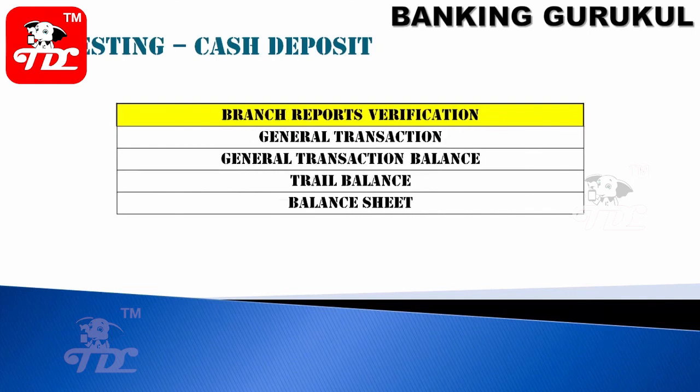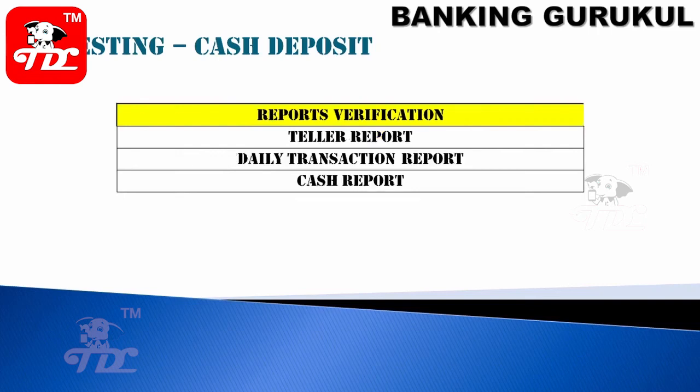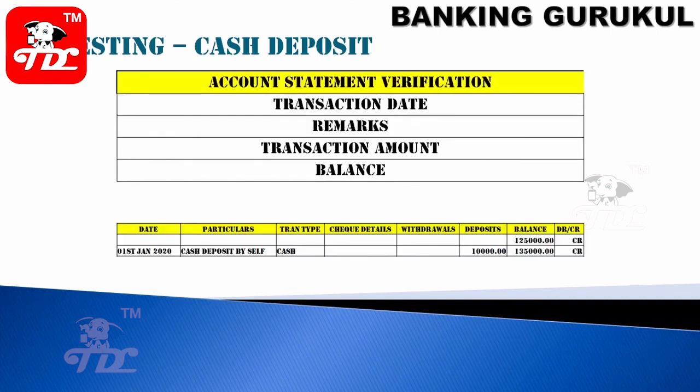And after the cash transaction, you can verify your branch reports: general transaction report, general transaction balance, and the trial balance and balance sheet of this branch. Other types of reports you can verify are the teller report, daily transaction report, and cash report, whether this cash transaction has affected them or not.